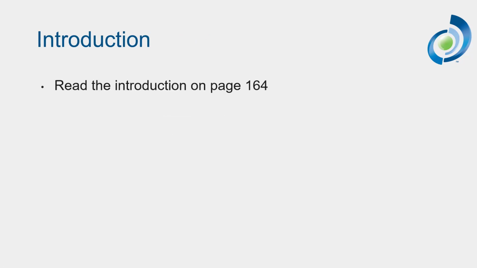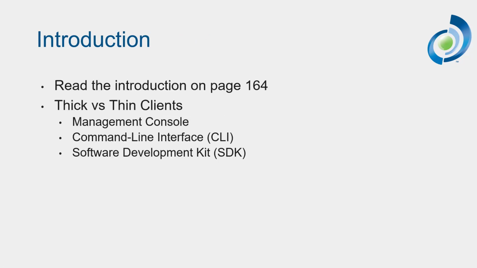So, in our introduction on page 164, it talks about some of the changes that we've seen specifically around some of our cloud products that we would run on prem. But then it quickly jumps into talking about the difference between thick versus thin clients. And these are terms that came around in the early to mid 90s.